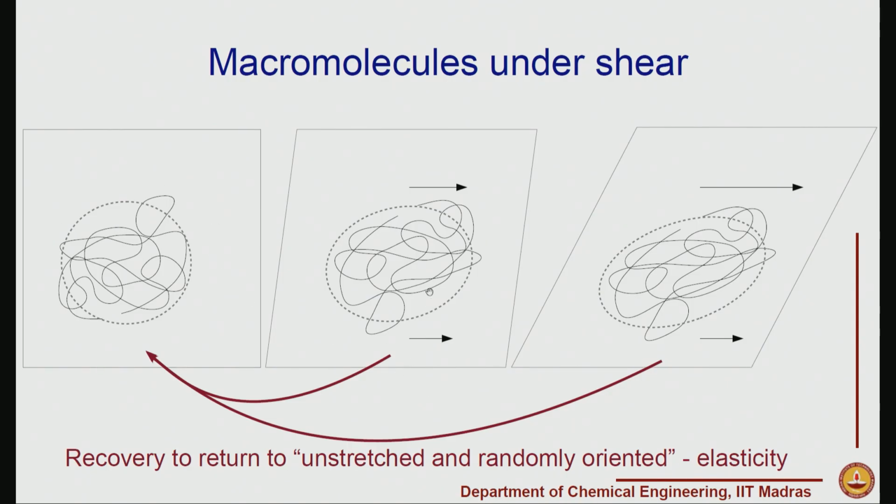So whenever we stop the flow, there is a tendency to return to an unstretched and randomly oriented macromolecule, which is anyway the predominant mechanism for elasticity in these systems.